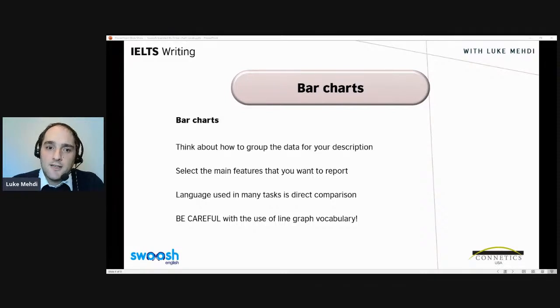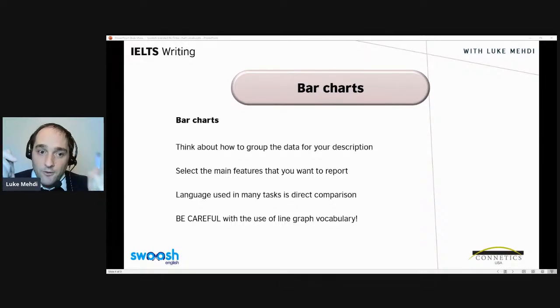People like to say things like, for example, the number of people purchasing mobile phones rose very quickly, giving you speed. If along the bottom, the groupings for data are 1980, 1990, and 2000, so 10-year groupings between the data, that might not be the right word to use because you don't know what happened in between.